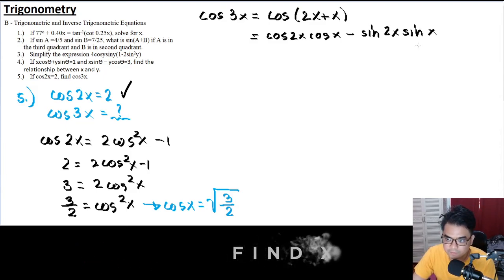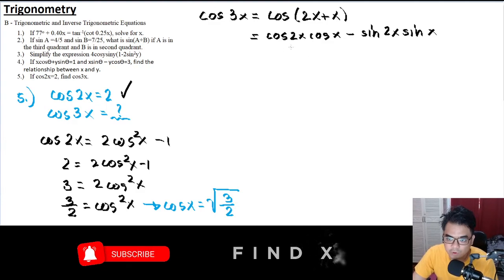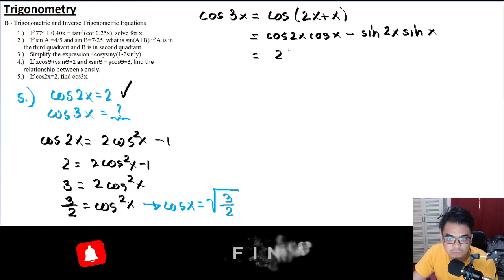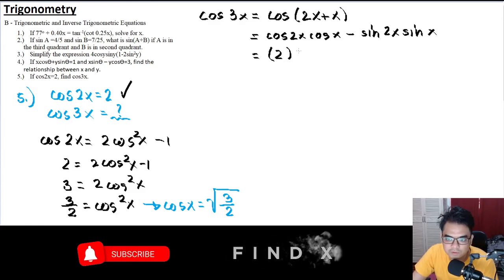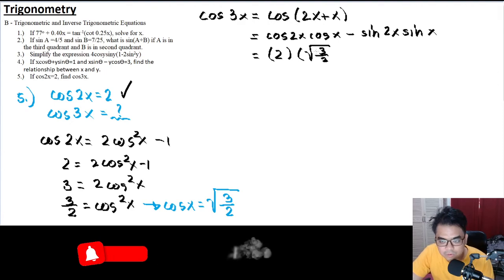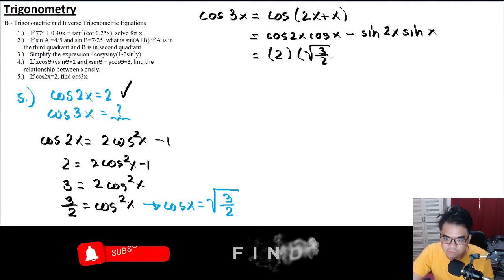We already have the values for cosine 2x and cosine x, so we won't have any problem with that. Cosine 2x is equal to 2, and cosine x is equal to the square root of 3 over 2. The first part is already done.